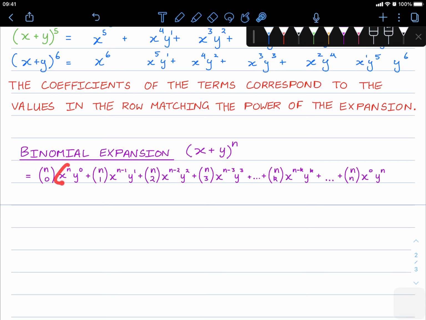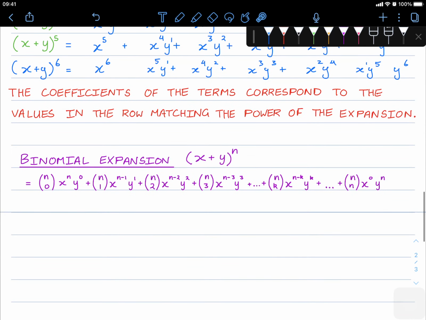So it'll be x to the power of 5, x to the power of 4, power of 3, power of 2, all the way down until to the power of 0. As for the y values, we start on 0 and keep increasing by 1. So 0, 1, 2, 3, all the way up until it matches n.